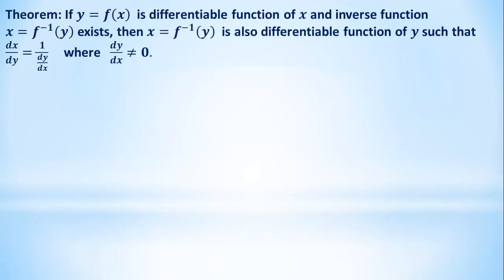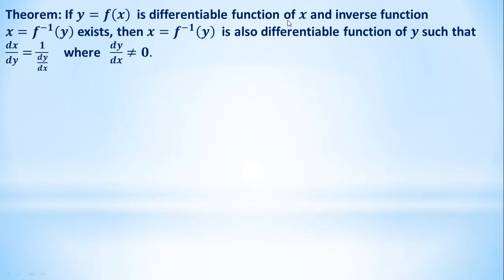There is a theorem given to you in your textbook. See here, if y is equal to f of x is a differentiable function of x and the inverse function x is equal to f inverse y exists. Y is equal to f of x is a differentiable function of x means what? dy by dx exists, meaning the derivative of y with respect to x exists.